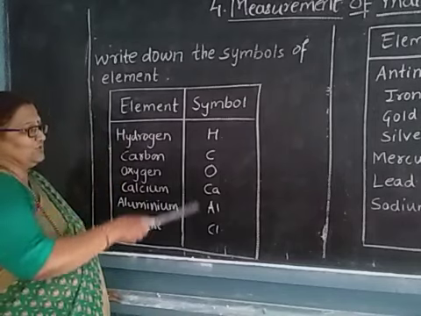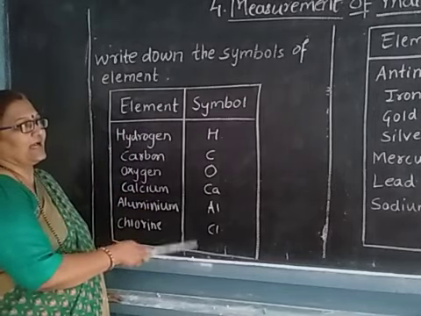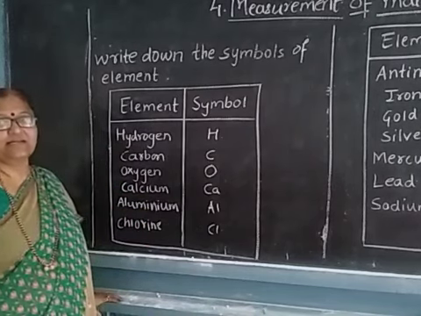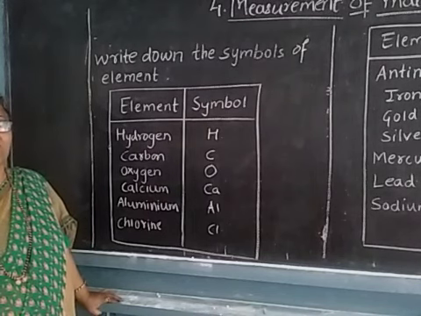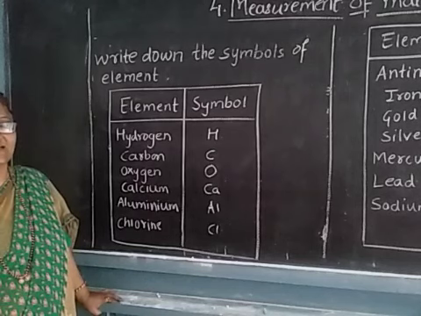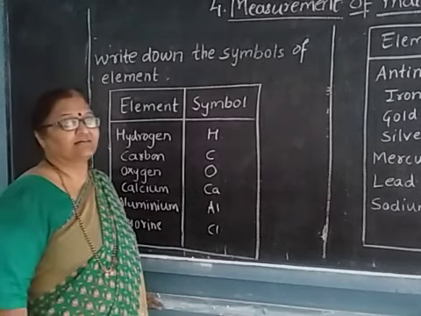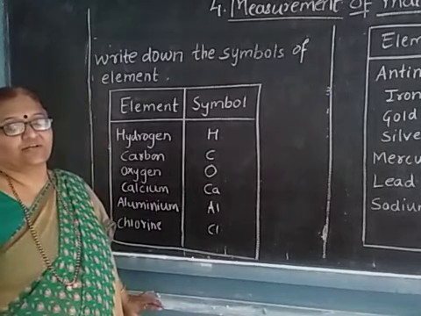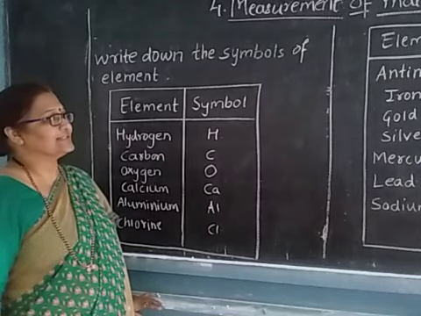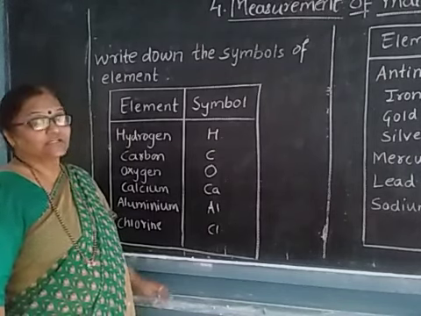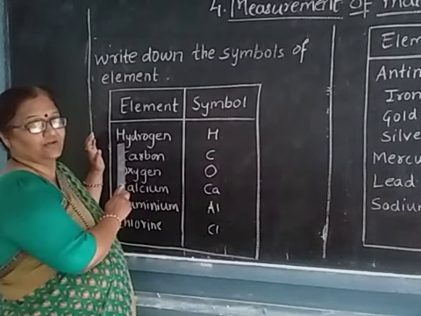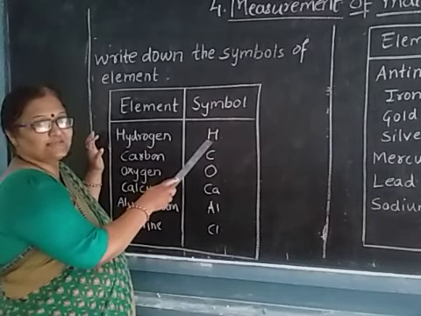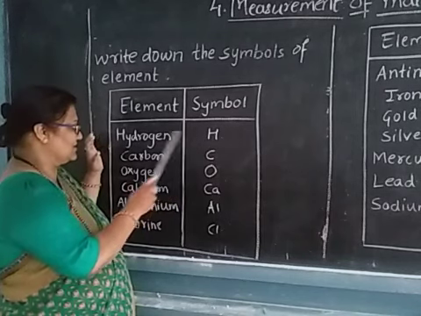These symbols are different from each other. In our first point, we saw that the first, second or third letter is used to denote the element. Here, H is the first letter of the element, therefore the symbol is given as H.